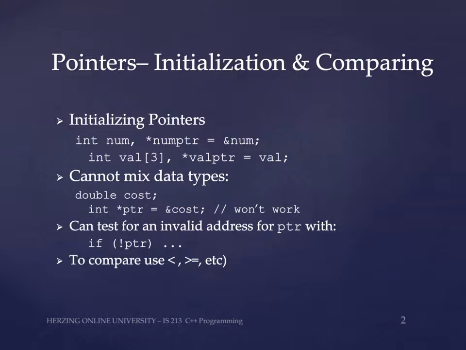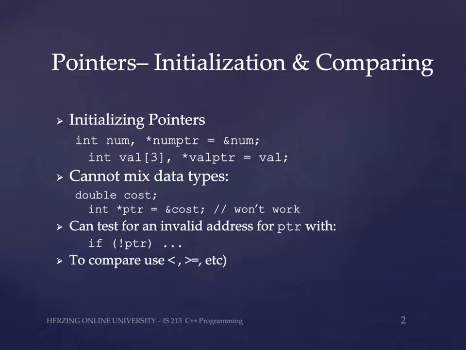You can test for an invalid address for a pointer with if not pointer. To compare, you use the operators that you see on the screen, like less than, greater than, or equal to. These can be used to compare addresses in pointers. Comparing addresses in pointers is not the same as comparing contents pointed at by pointers.